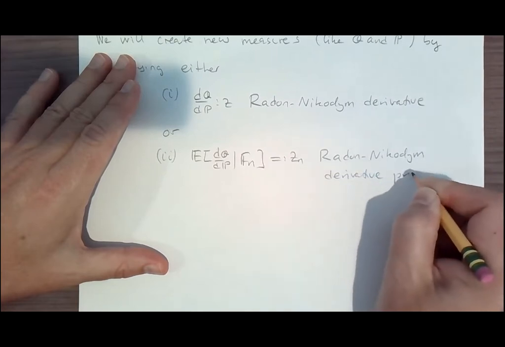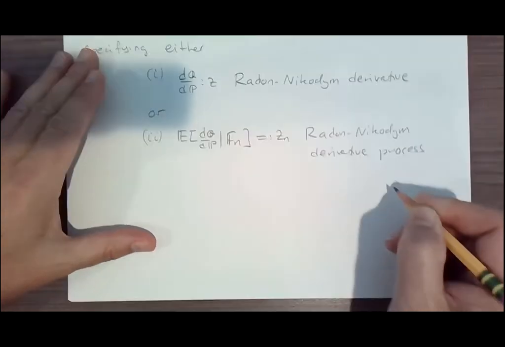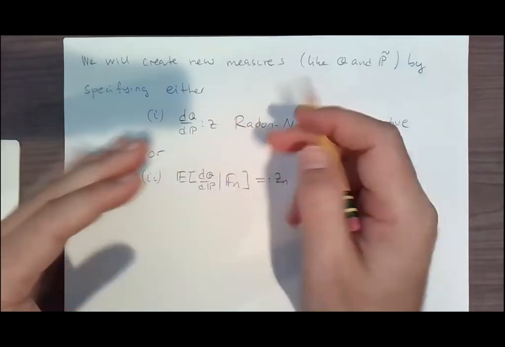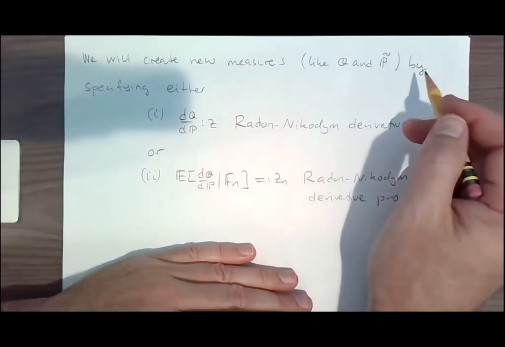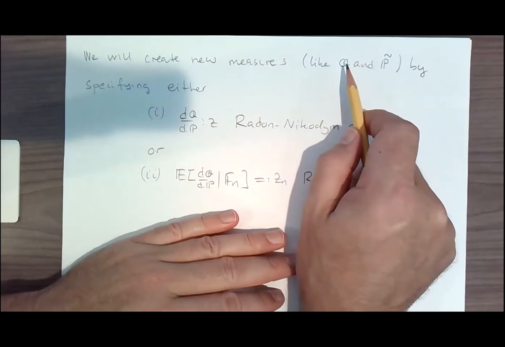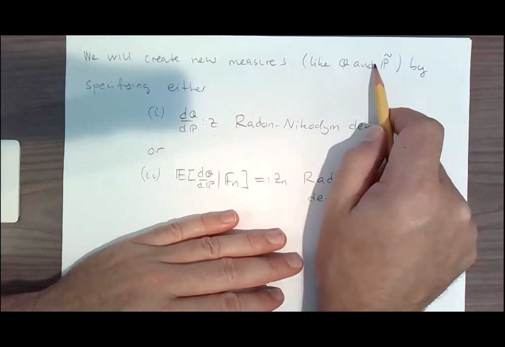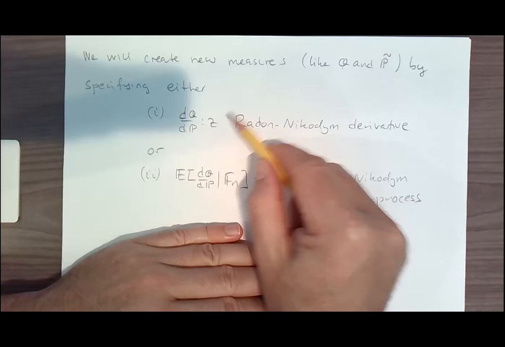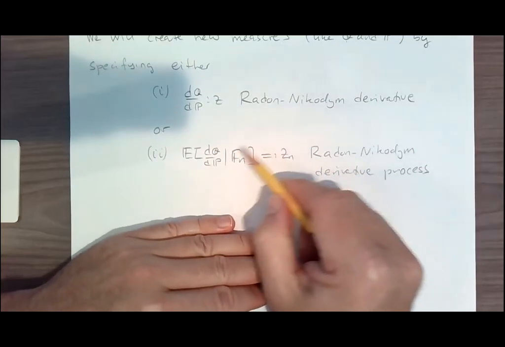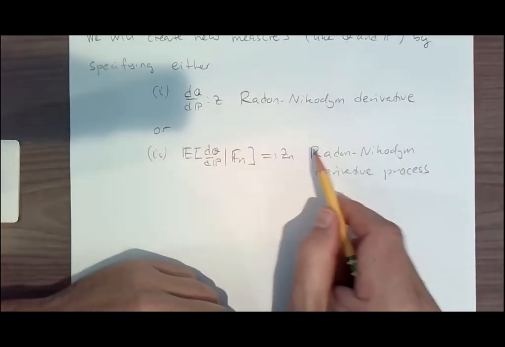It's a long thing to write, but let me write it out. So if you want to create new measures, the way that we're going to do it is either by specifying the Radon-Nikodym derivative dQ/dP, or by specifying this full martingale, the Z_n.